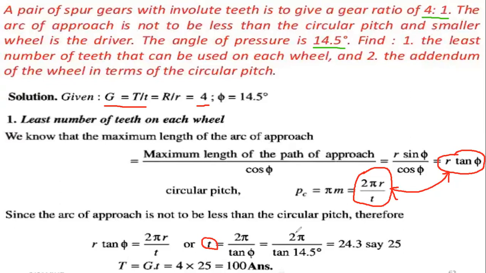So 2 into pi means 3.14, and phi is 14.5 degrees. We already know the value for phi, that is 14.5 degrees.